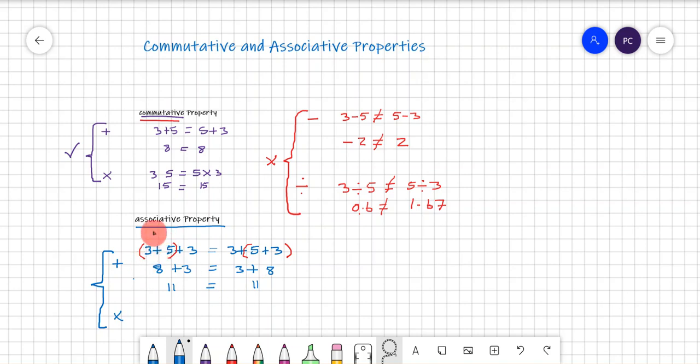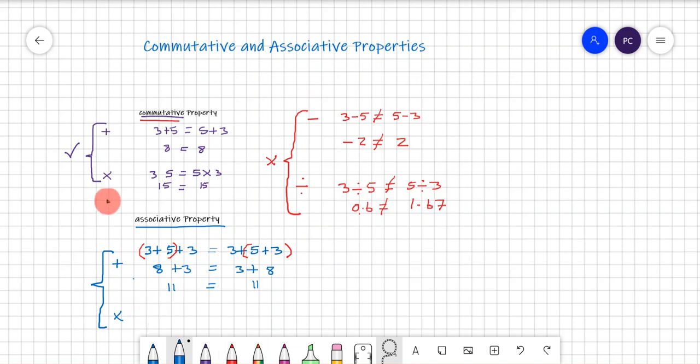So what we can say is that addition is associative. It doesn't matter which way I carry out the addition in an arithmetic sequence like this. I can add these two numbers together first and then add this, or I can add these two together first and then add this. I'm going to get the same answer. Likewise with multiplication as well.